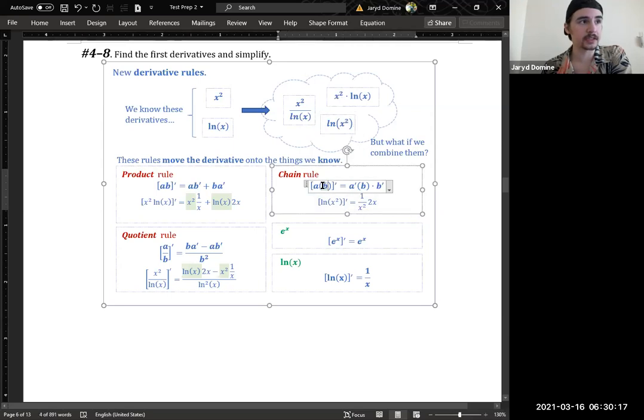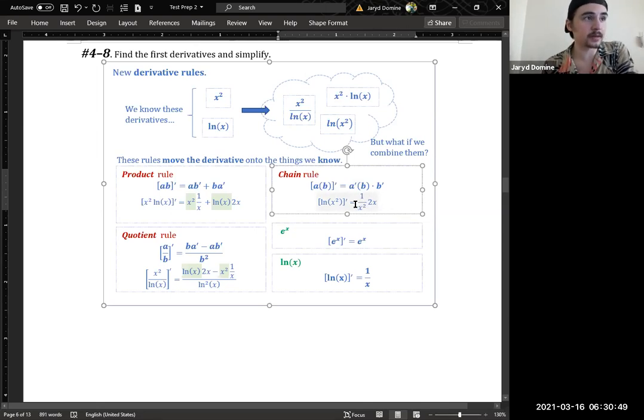If I have a function inside of a function, the chain rule says I take the derivative of the outside and leave the inside alone. Okay, and then multiply by the derivative of the inside. And so just like before, I've gone from a derivative on this whole thing to a derivative on a and a derivative on b individually. Okay, and if I know those derivatives, I'm good.